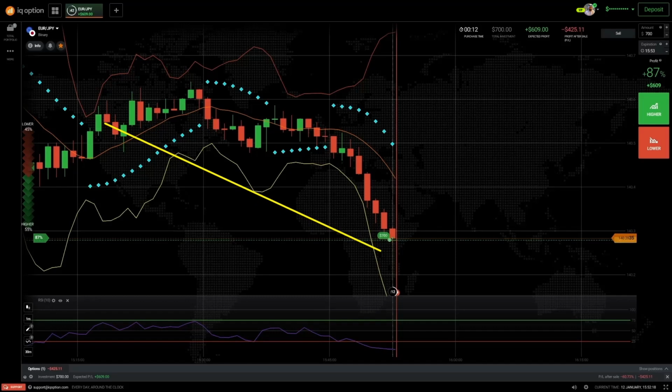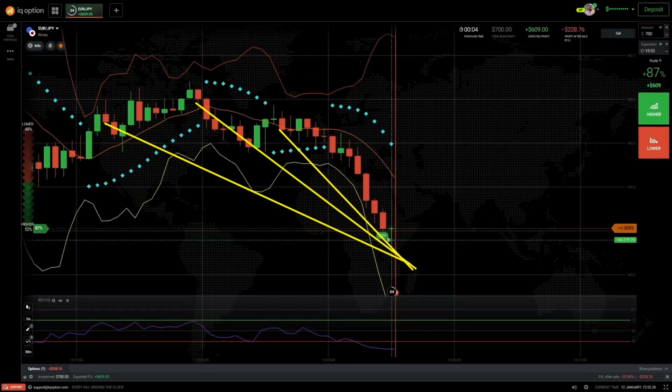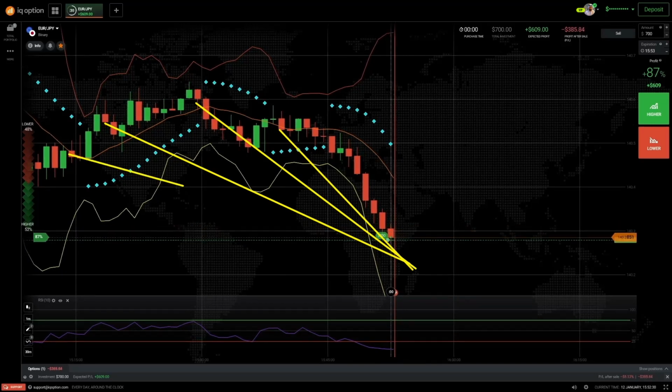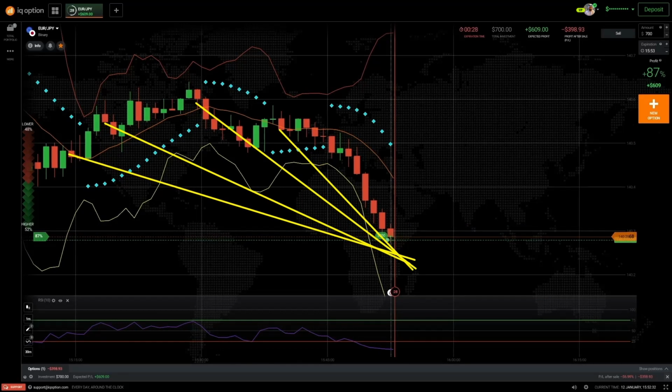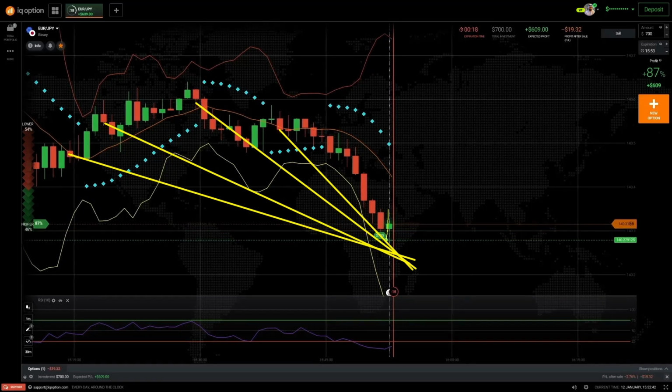This time it's going up. So if we're using the resistance line, they're supposed to be here. But I don't like to use the resistance line, which is telling me that this one is going up.